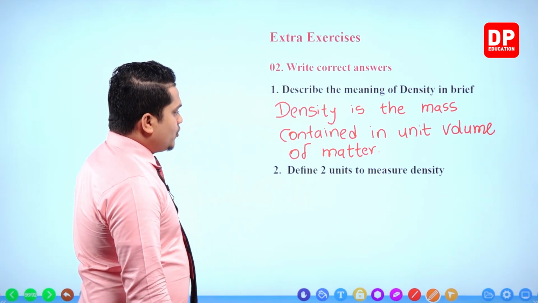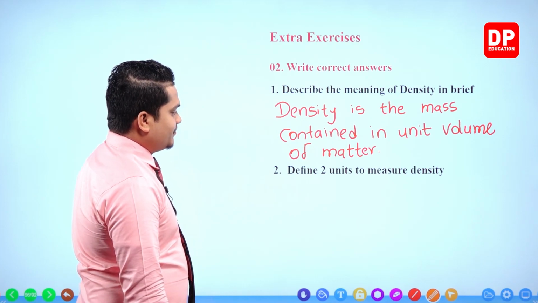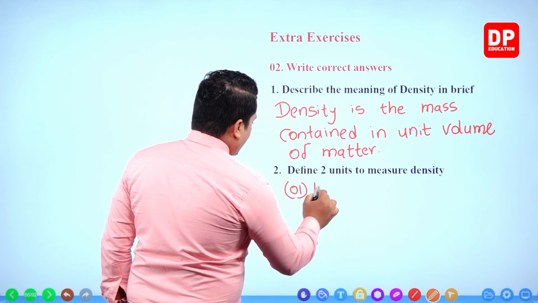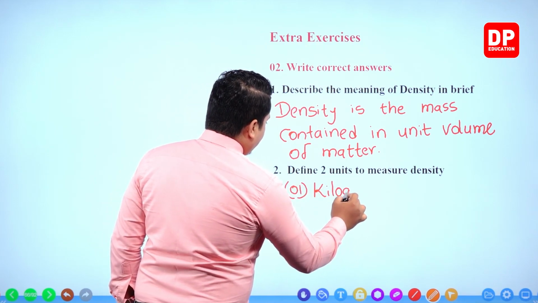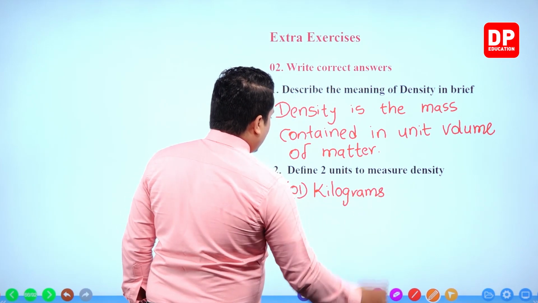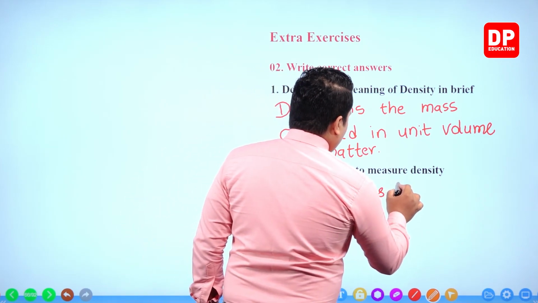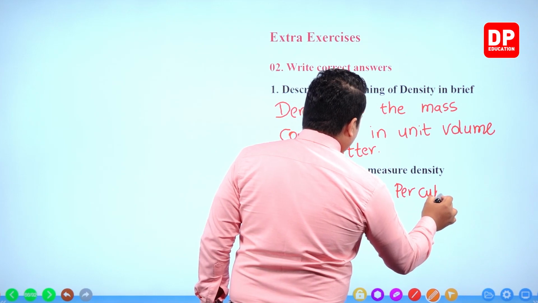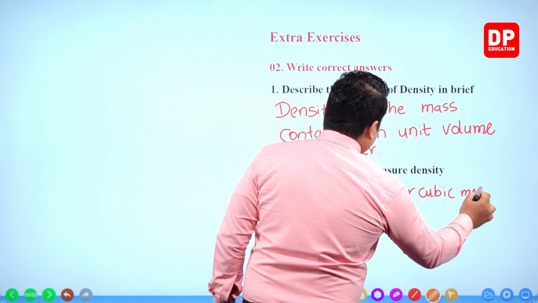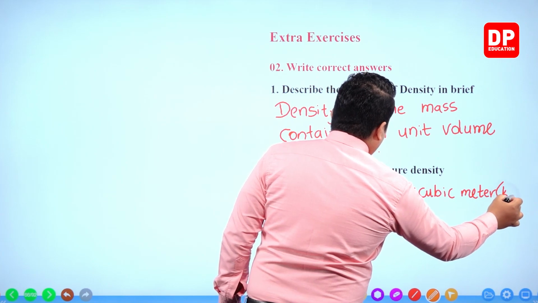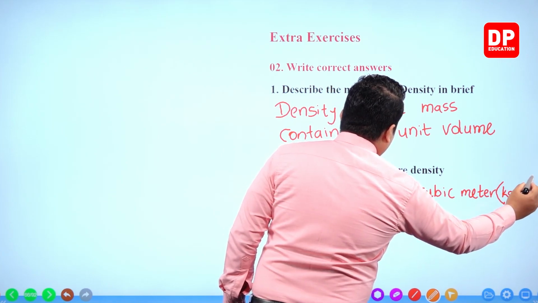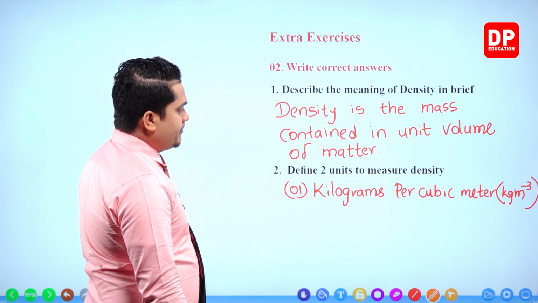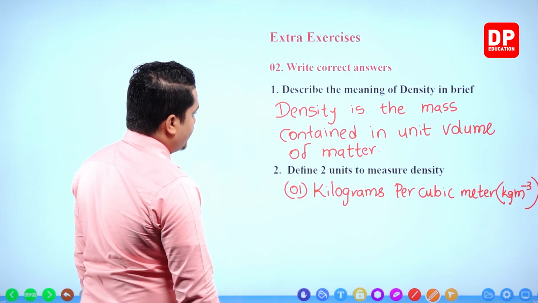Next one, define two units to measure density. So the two units to measure density, number one, kilograms per cubic meter, kg m to the power -3.